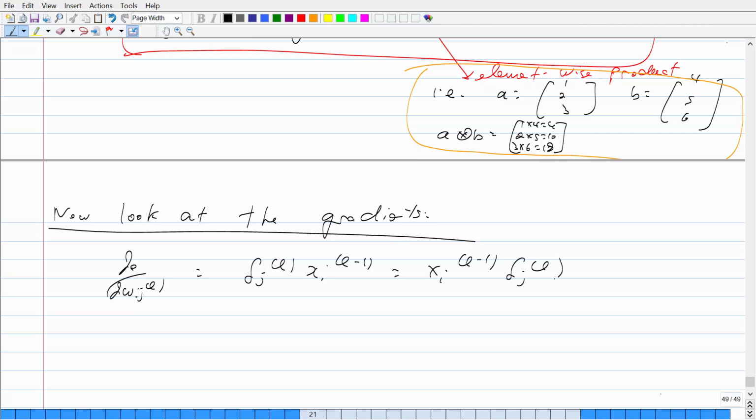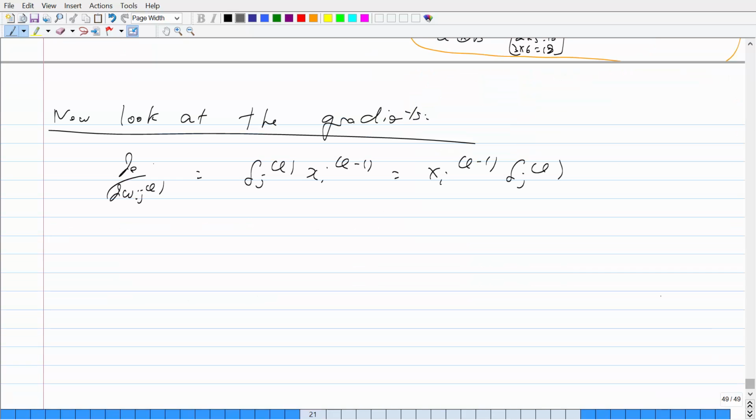What we can do is take these updates and place them into a matrix of the same size as defined by the shape of this layer.